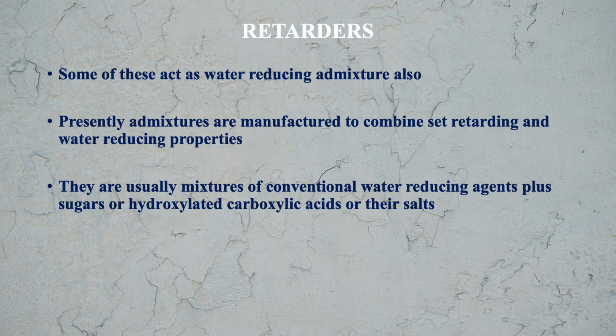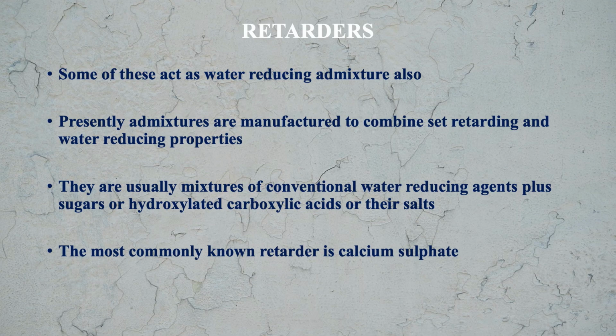So these admixtures do two things basically, or dual action, means they retard the setting as well as reduce the water requirement. They are usually mixtures of conventional water reducing agents plus sugars or hydroxylated carboxylic acids or their salts. The most commonly known retarder is calcium sulfate. This is the most commonly used retarder.